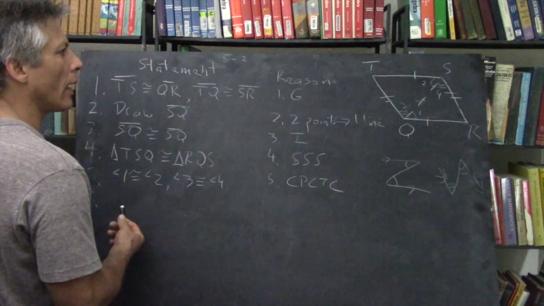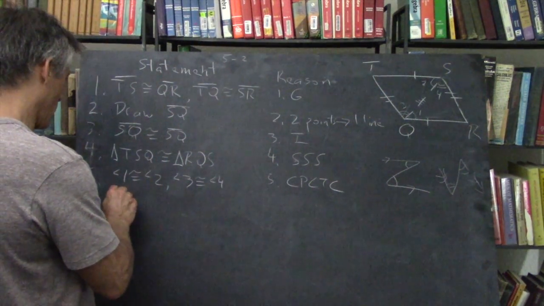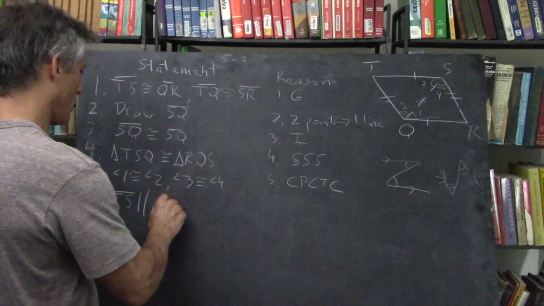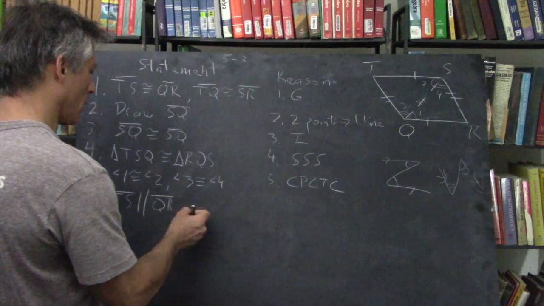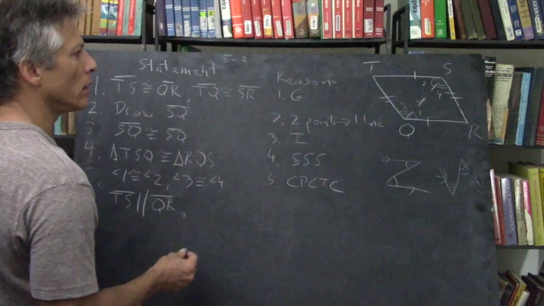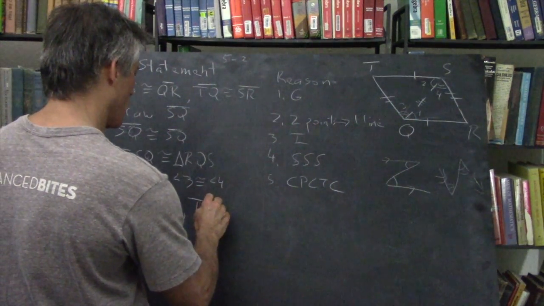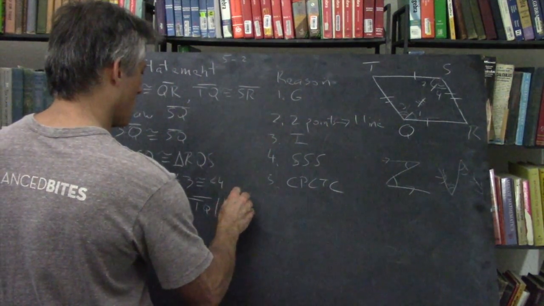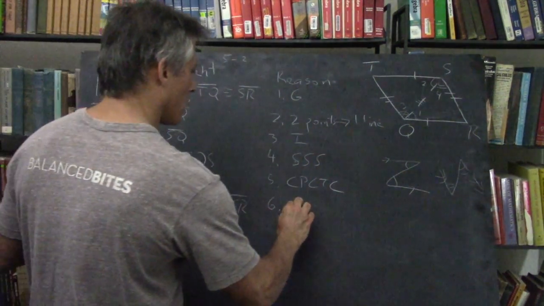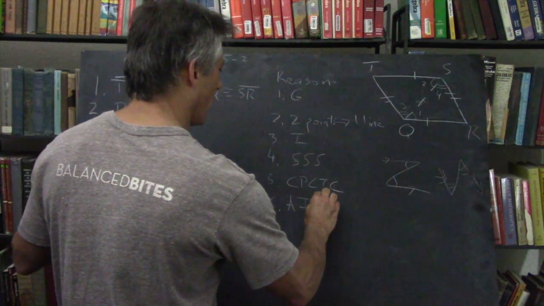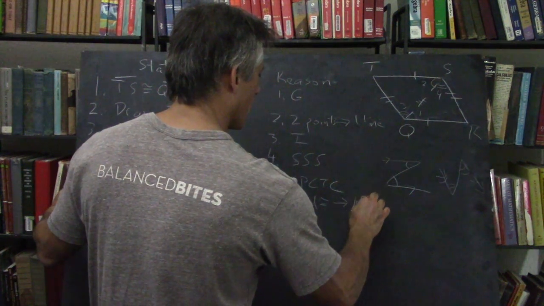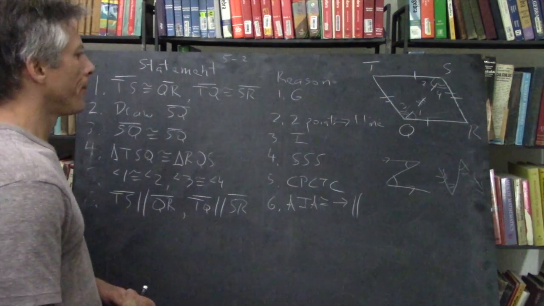So we know that TS is parallel to QR and TQ to SR. Because when alternate interior angles are congruent, lines are parallel.